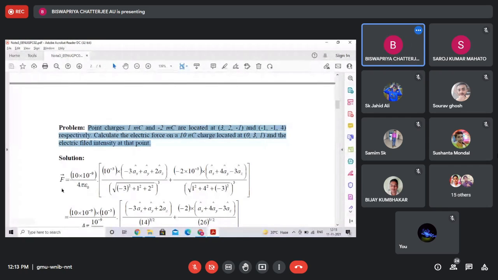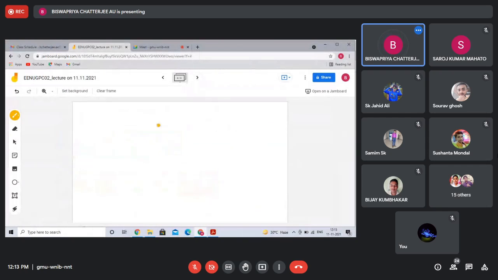Okay, so let us draw this diagram. This is the position of Q1.